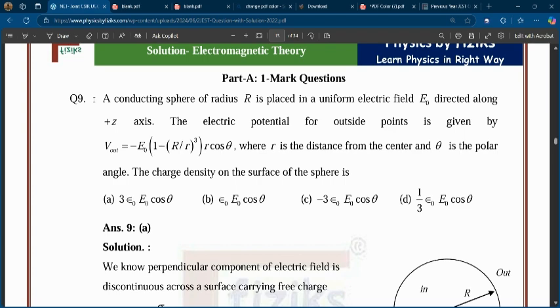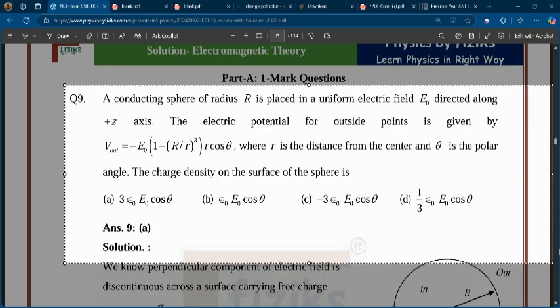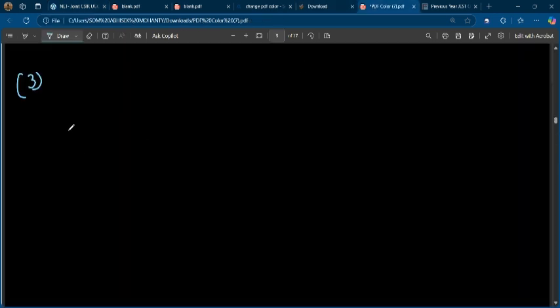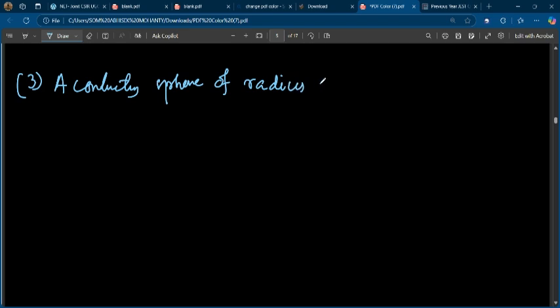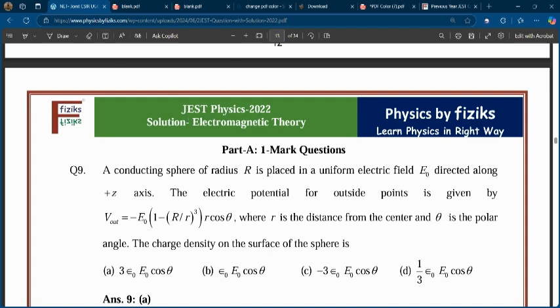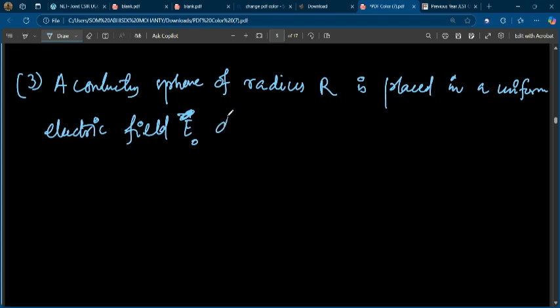Okay, I had a question. A conducting sphere of radius R is placed in a uniform electric field E naught directed along the z axis.